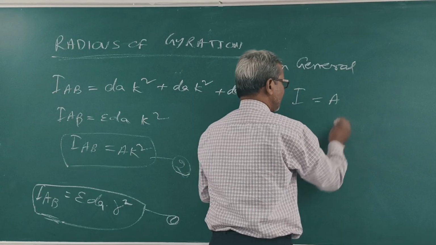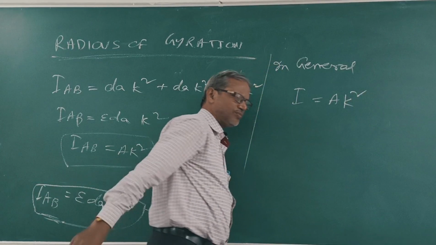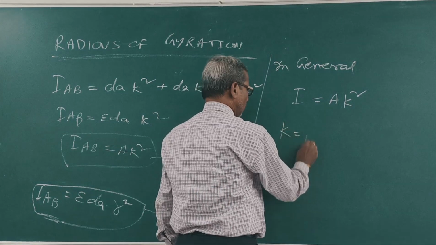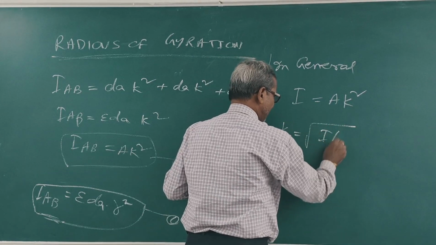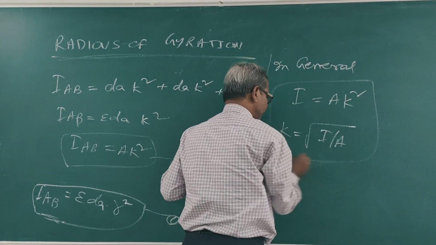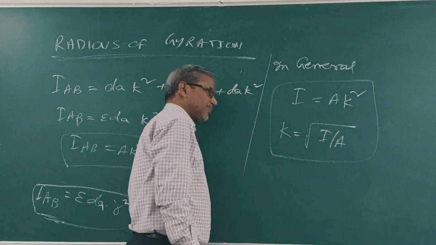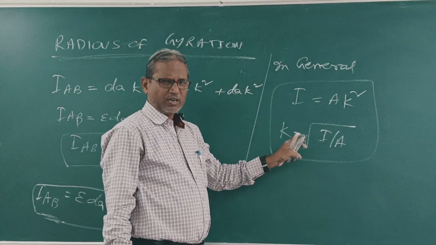Clear? k is equal to root over I by A. This is the formula for radius of gyration.